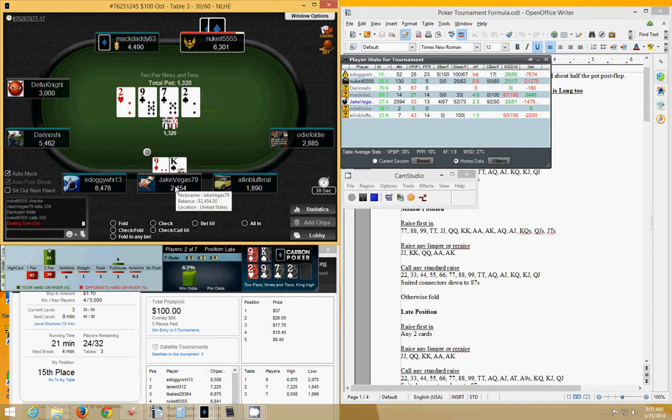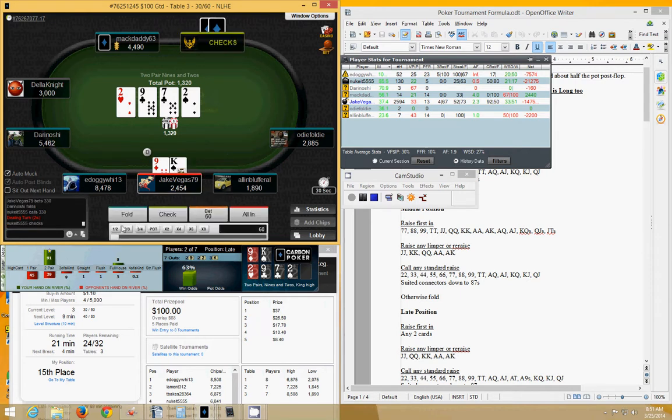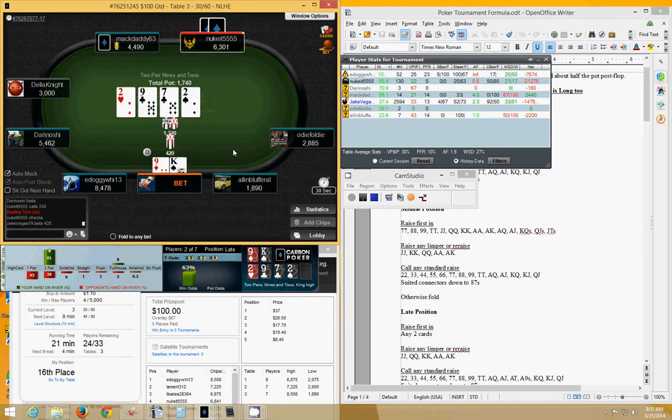And he called there, so he might actually have a hand. He's a rock, but he's not that aggressive, so he might have something like an overpair. He might have hit his queen just now.